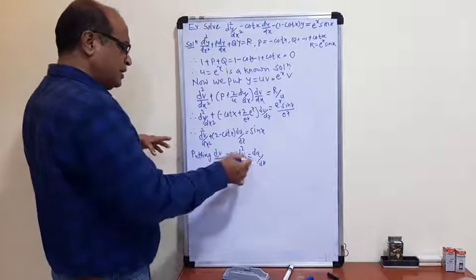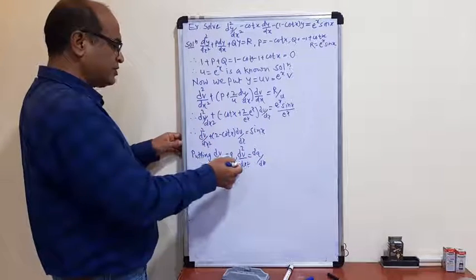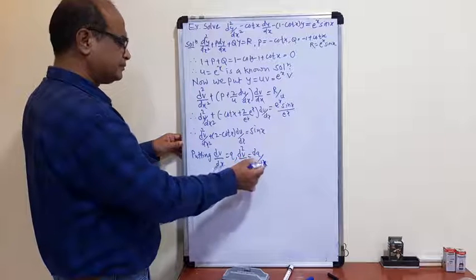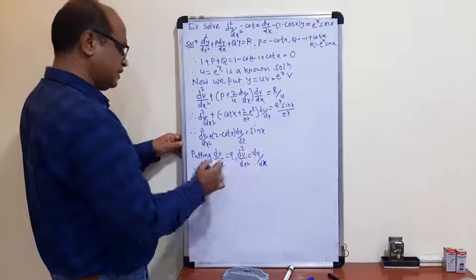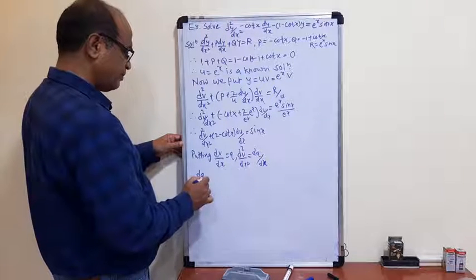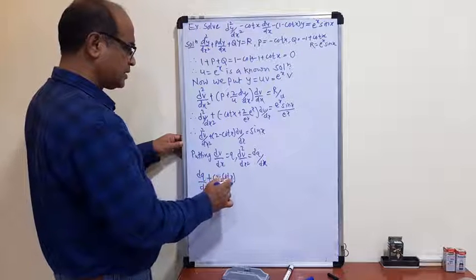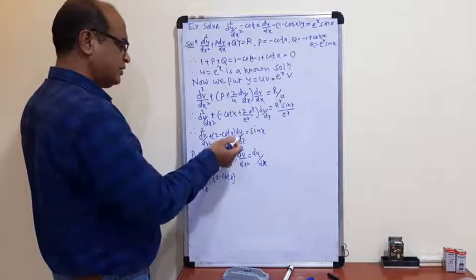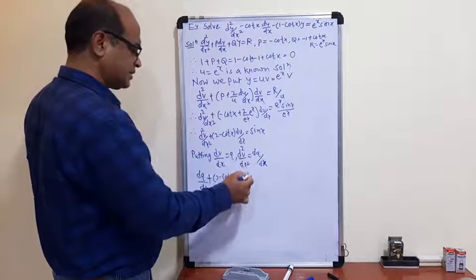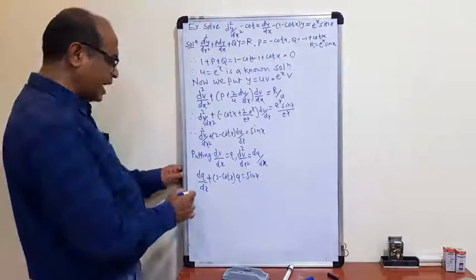Putting these values in this equation, it reduces to dq by dx plus (2 minus cot x) q, where dv by dx is q, is equal to sin x as it is here. So this is a first order linear differential equation of the type dq by dx plus p dash q is equal to sin x.